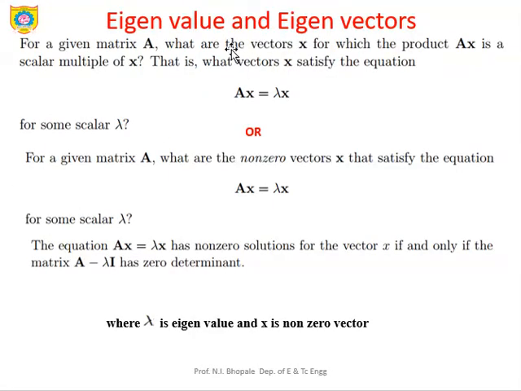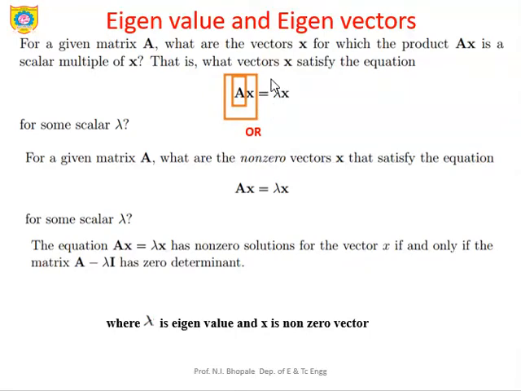Let's move to the next topic, eigenvalues and eigenvectors. To understand the eigenvalue, it is easier to concentrate on this statement. For a given matrix A, what are the vectors x for which the product Ax is a scalar multiple of x?